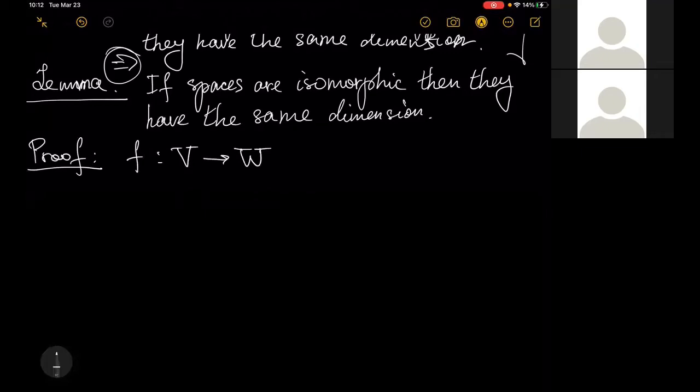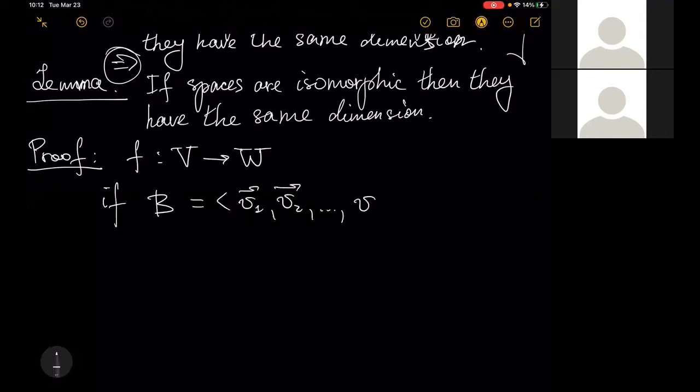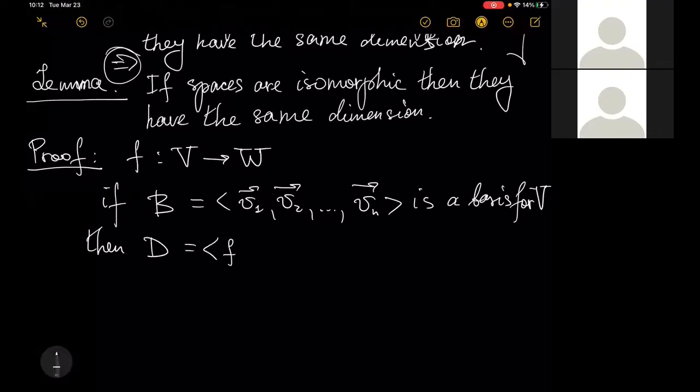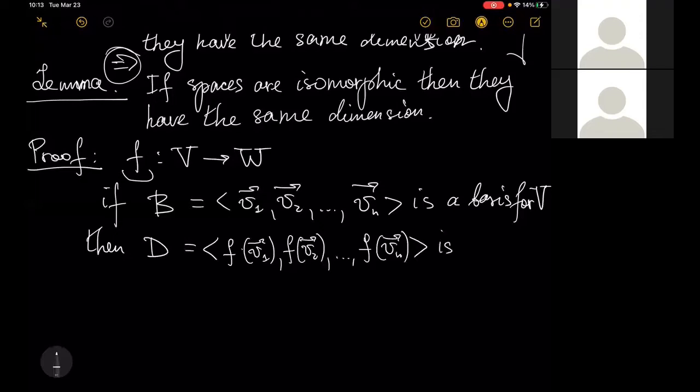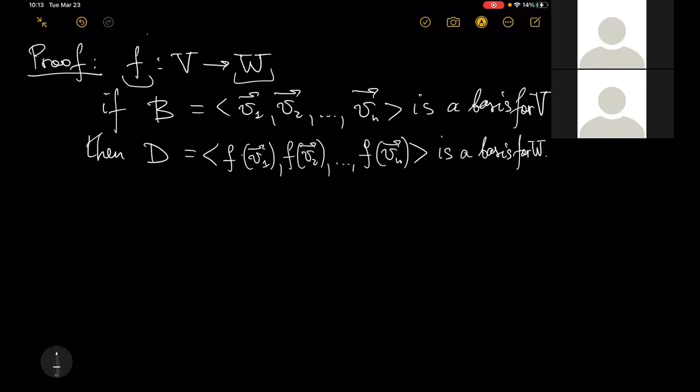And then I will show that if B, which consists of V1, V2, Vn, is a basis for vector space V capital, then D, which is F, my isomorphism applied to V1, F applied to V2, so on to F applied to Vn, is a basis for vector space W. So essentially, then I'm getting that number of vectors in the basis is the same, and that's it.